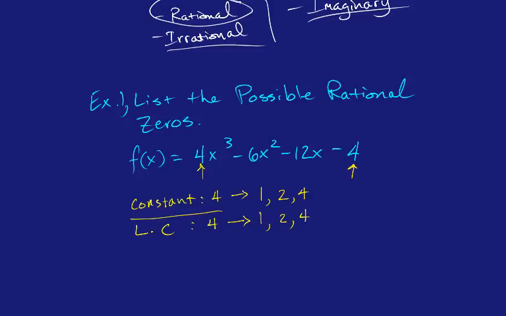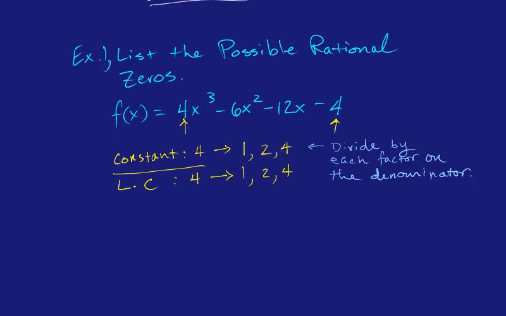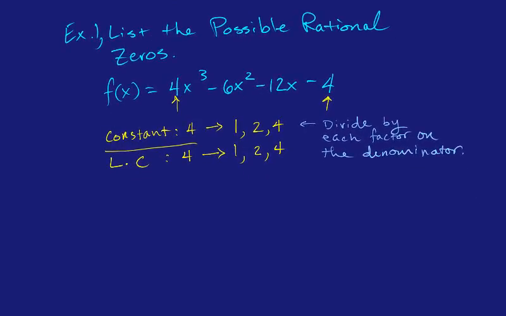Here's how it's going to go: we're going to divide the top factors by each factor on the denominator. I'm going to go real slow and probably do extra work that once you get the hang of it you won't do, but hopefully it'll make sense. The top factors are 1, 2, and 4.